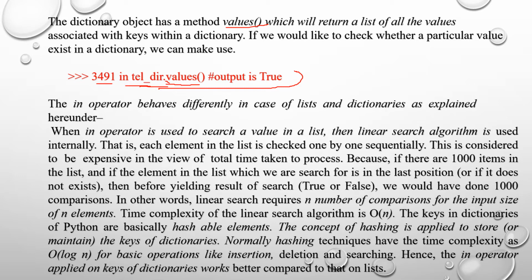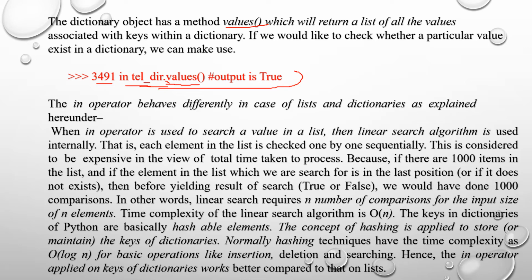This is considered expensive in terms of total time taken, because if there are 1000 items in the list and the element we are searching for is in the last position, then before yielding the result, true or false, we would have done 1000 comparisons. In other words, linear search requires n comparisons for an input size of n elements. The time complexity of the linear search algorithm is O(n).